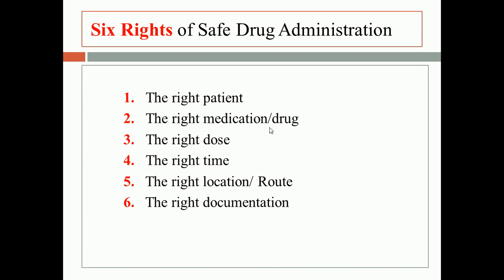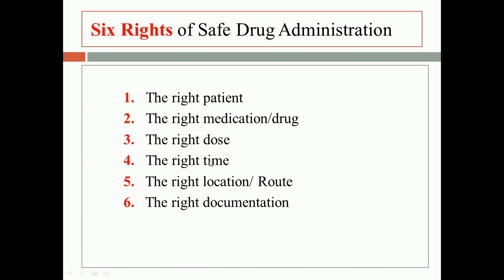So now we come back to the 6 rights of safe drug administration. Why do we need safe drug administration, and what are those 6 rights? Number one, the right patient, the right medication, the right dose at the right time, the right location or the route, the right documentation.